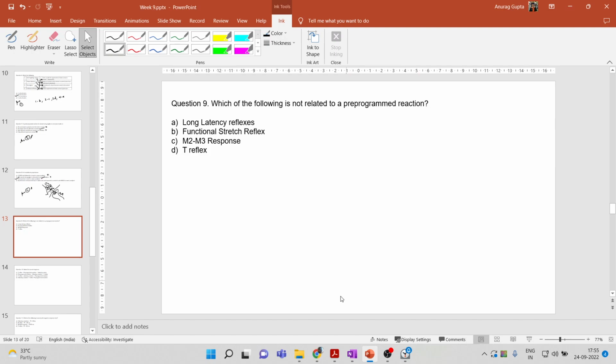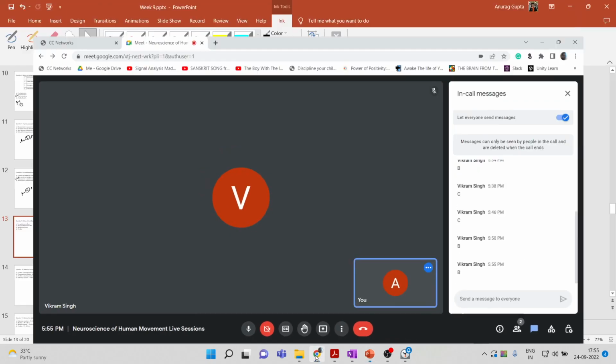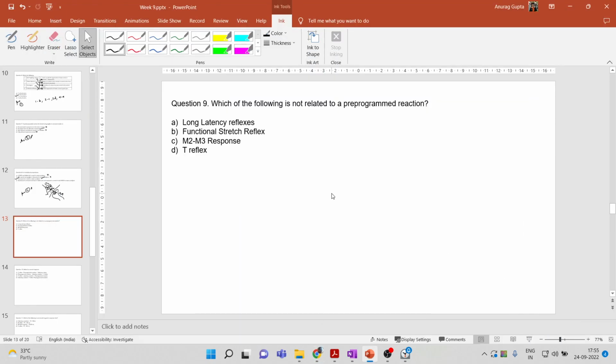Okay, Vikram has responded with B. So for a pre-programmed reaction, there are many names. One of those names is long latency reflex. It's a functional stretch reflex. It's an M2 M3 response.